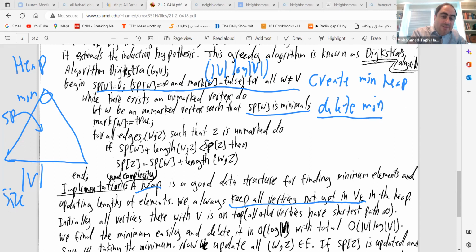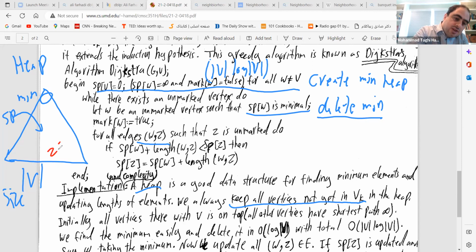Now for every edge, this is the heap as we mentioned. This is the vertex Z here.